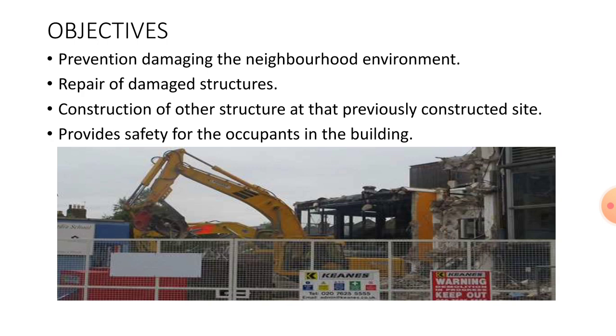Damaged structures can be repaired easily if you follow these procedures. You can also construct other structures at the previously constructed site, and provide safety for the occupants, making a safe environment for the occupants who are already in the building. So these are the objectives.